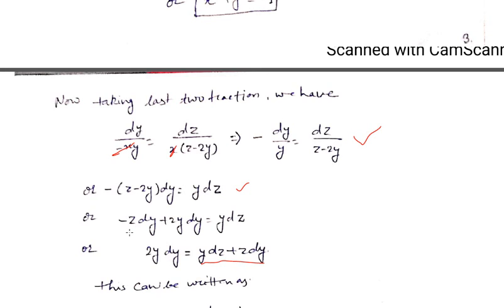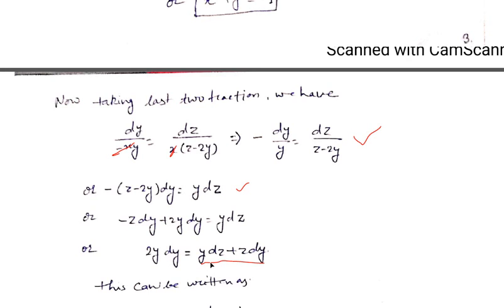With further simplification, we get minus z dy plus 2y dy is equal to y dz. Now shift this minus z dy into the right hand part. We get 2y dy on the left hand side, and on the right hand side we have y dz plus z dy. This y dz plus z dy can be expressed as the derivative of yz, because when we differentiate yz, what do we get? y into dz plus z into dy.